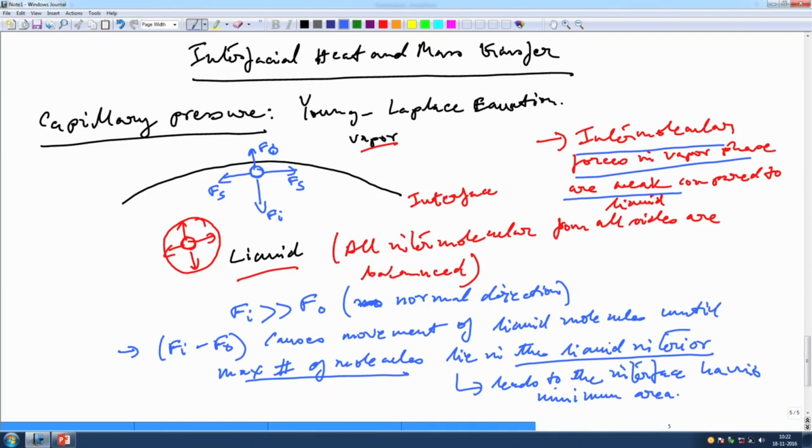It is one of the reasons why you always see droplets, and you do not have a sheet of water formed, unless it is lying on a substrate, which is a different issue. Normally it will lead to spheres, because it leads to an interface having the minimum area. So you understood this phenomenon, that is what governs.